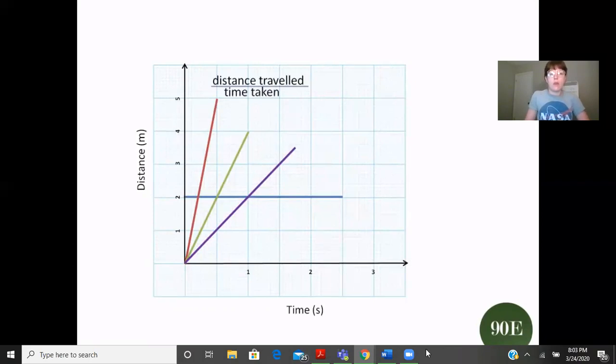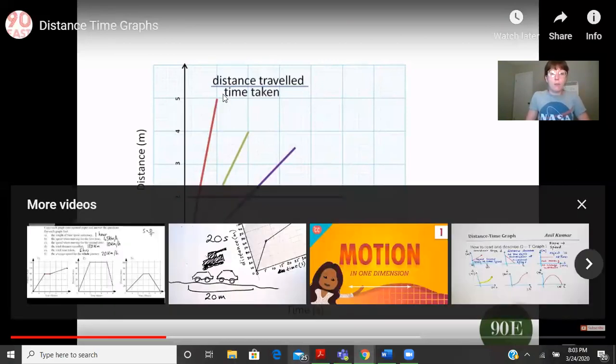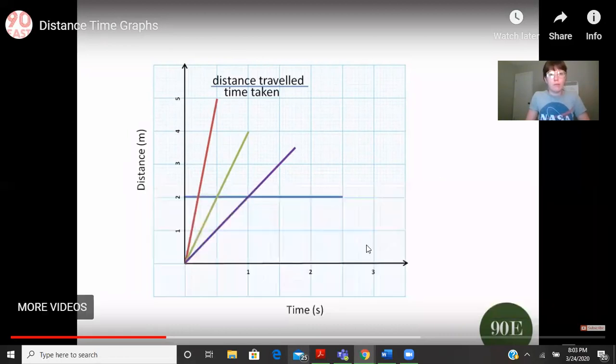If you've ever done slope, it's rise, how high up it goes, over run, because we run horizontally. So it's distance, the rise, over time, the run. This is going to give us our rate, or our speed.